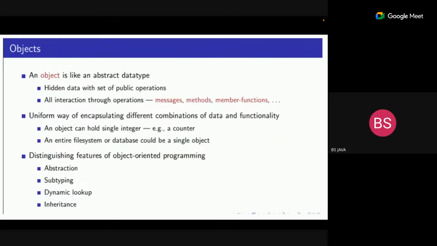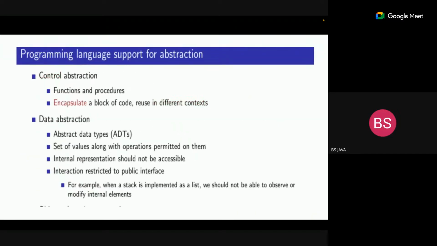Now, some of the features of object-oriented programming: abstraction, subtyping, dynamic lookup, inheritance. Let's see what abstraction is. Abstraction hides the implementation details and showcases only what is necessary for the user to see.